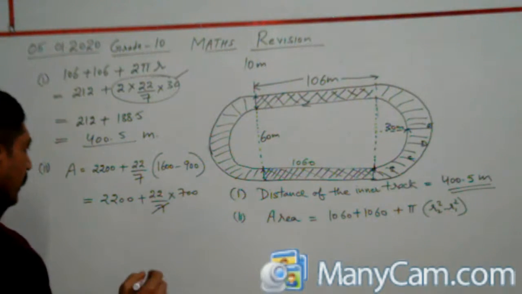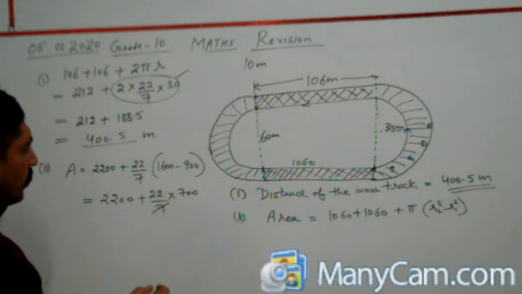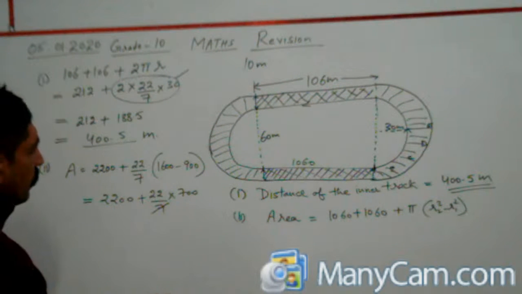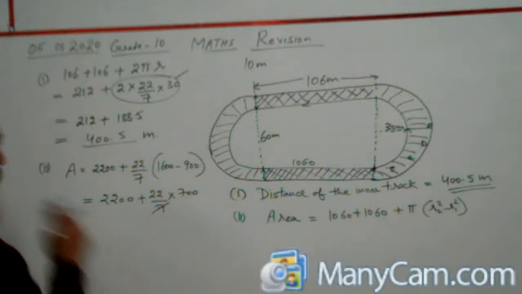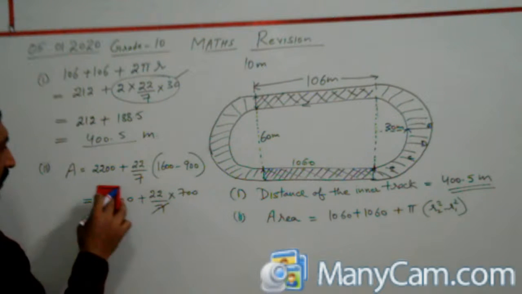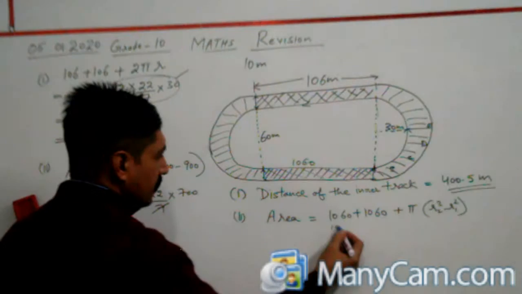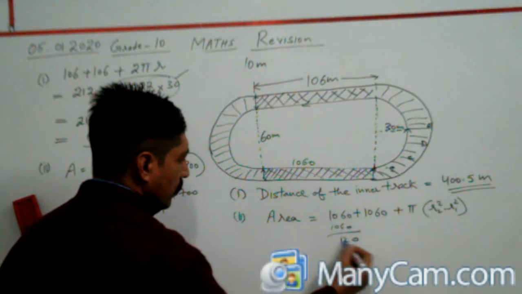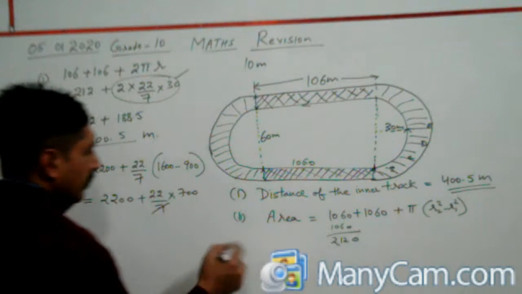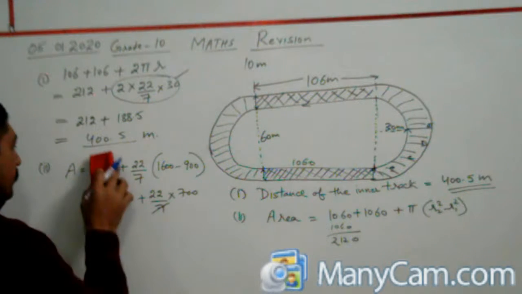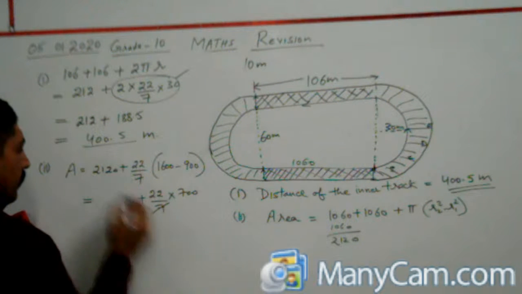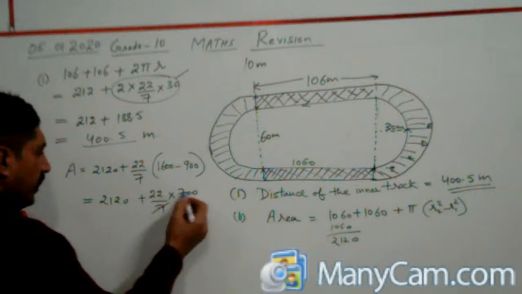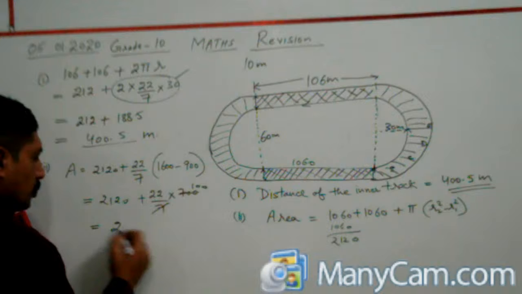You can check here, it is 1060, 1060. It is not 2200, that is 1060 here, so it is 2120.